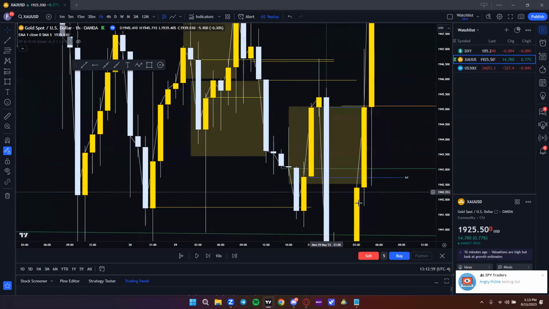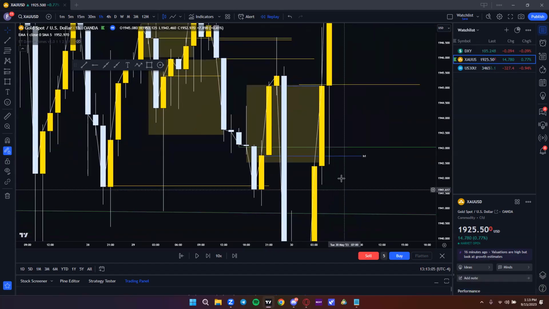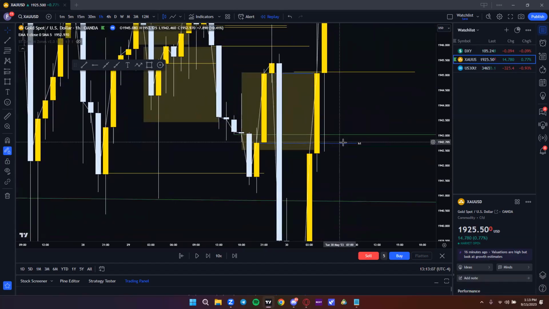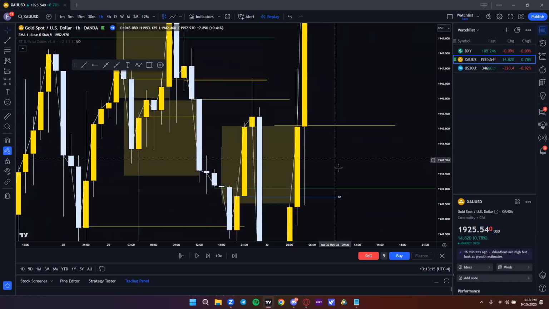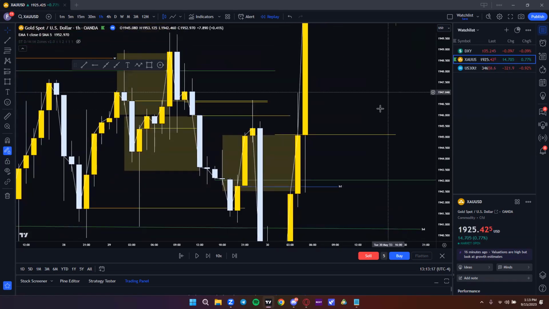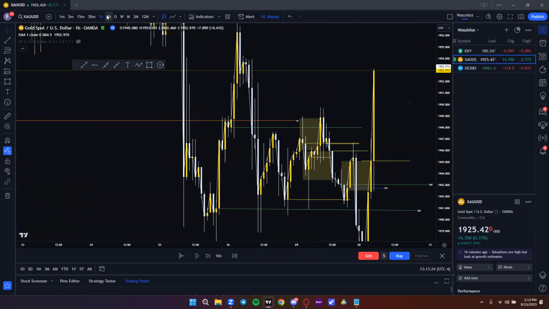But we can also see that this push up closed above this H1. So there's two breakouts, and that's a little bit more evidence of price moving up. And this H1 just shot up.